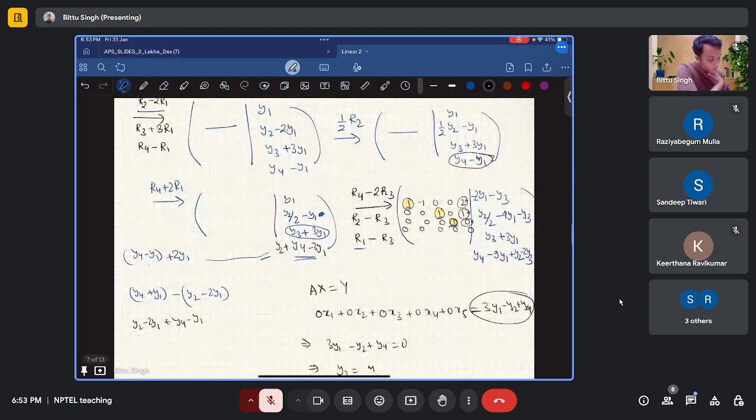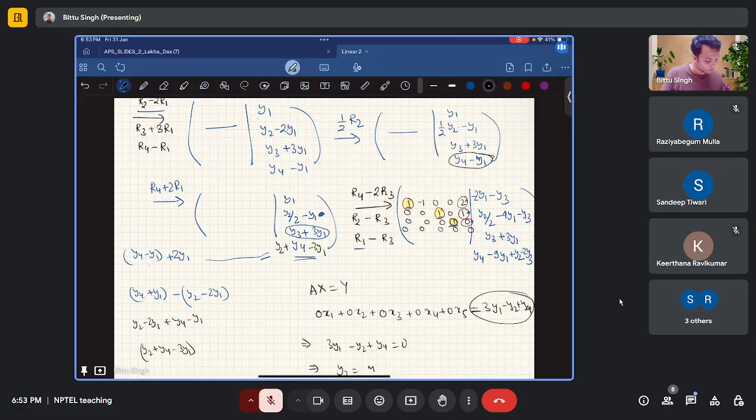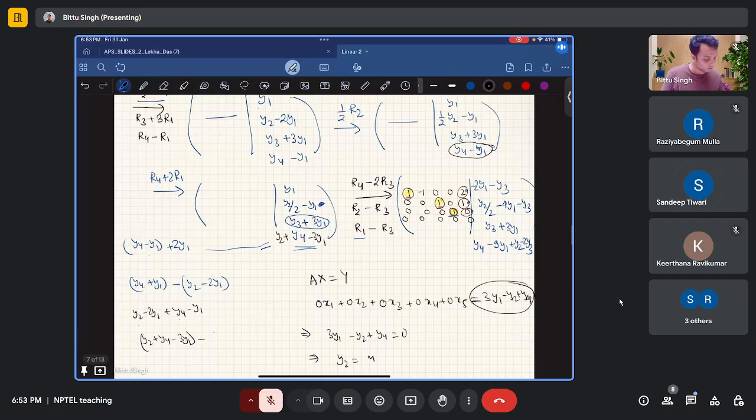After that, we are doing R4 minus 2R3. R4 is now y2 minus 3y1 plus y4. So this is R4 minus 2R3. 2R3 means 2y3 minus 6y1.